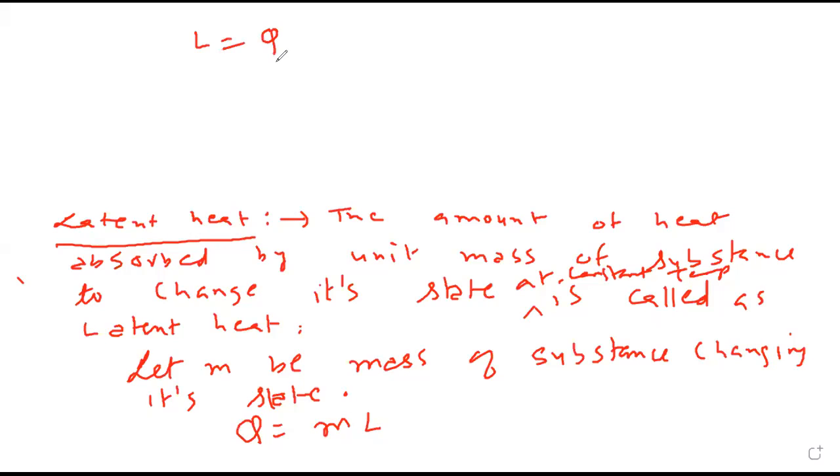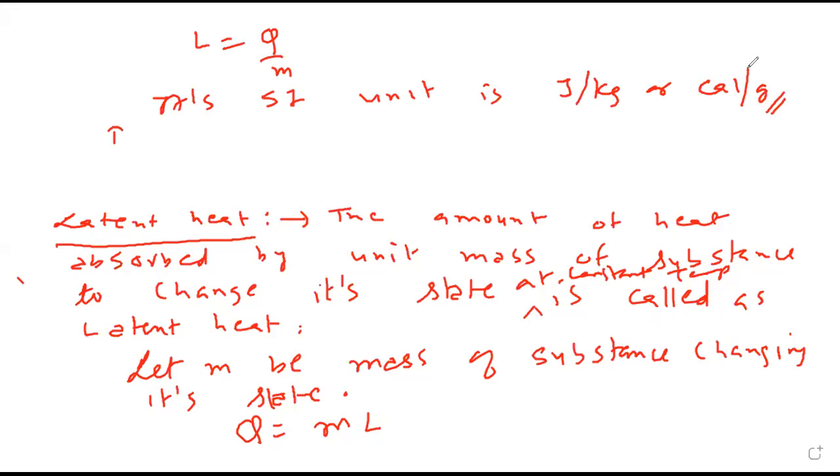Therefore, L is Q by M. Its SI unit is joule per kg or calories per gram or kilocalories per kg. What will be the dimension? Can you tell the dimension?